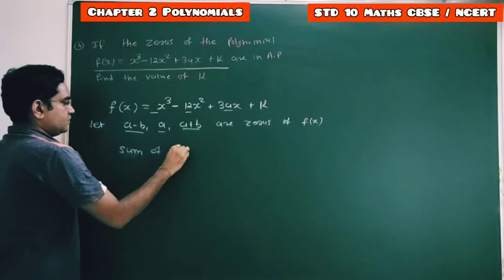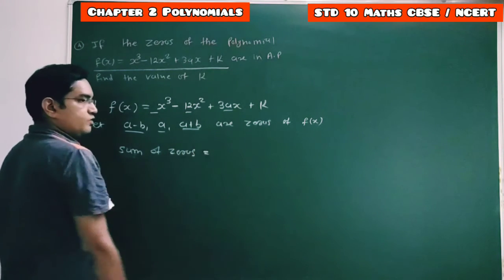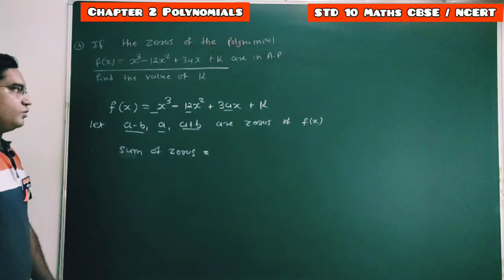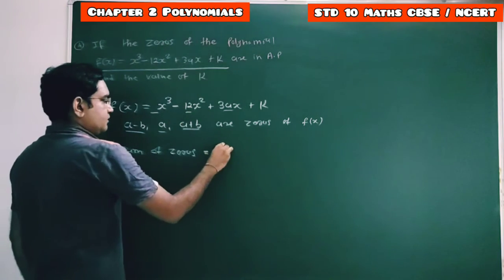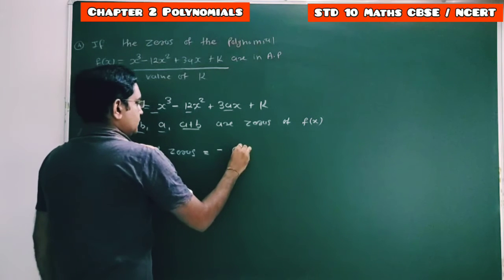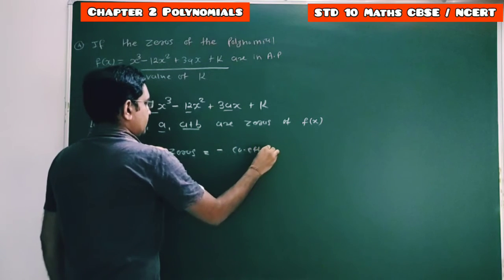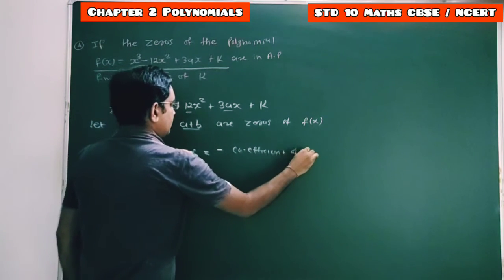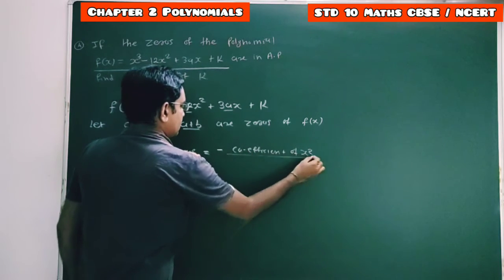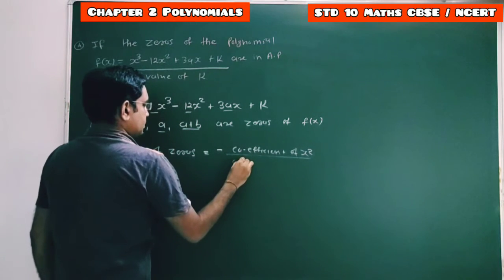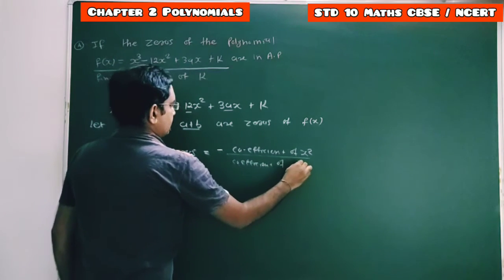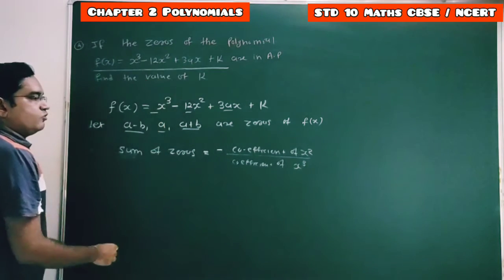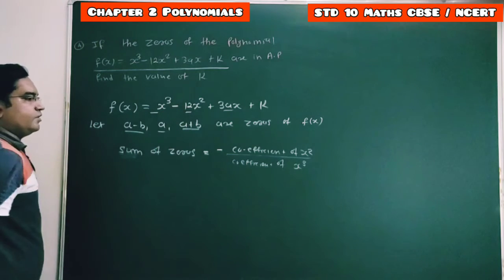The sum of zeros of a cubic polynomial is equal to minus of the coefficient of x square upon the coefficient of x cube, that is minus b by a.